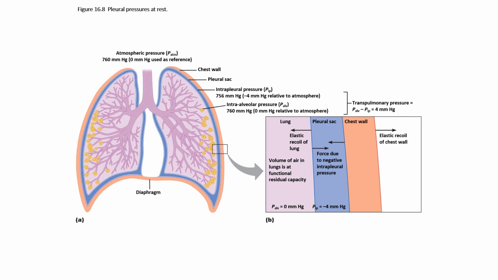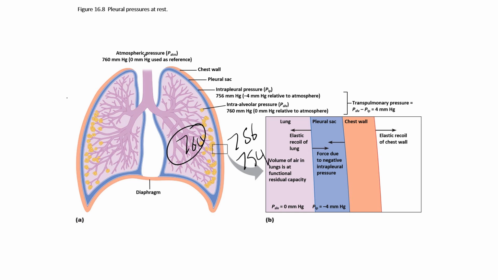To answer that question, you have to think about, has anything happened to intra-alveolar pressure yet? The air pressure within the lungs? No, it's still 760. The air pressure in the lungs is still 760, while the air pressure in the pleural cavity has fallen from 756 down to 754.